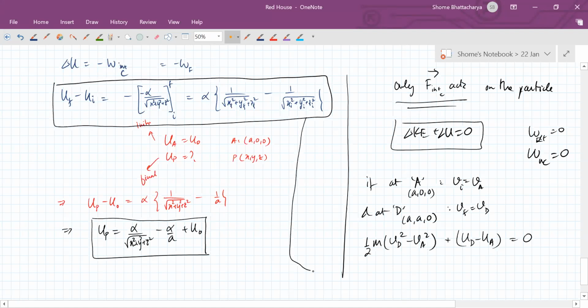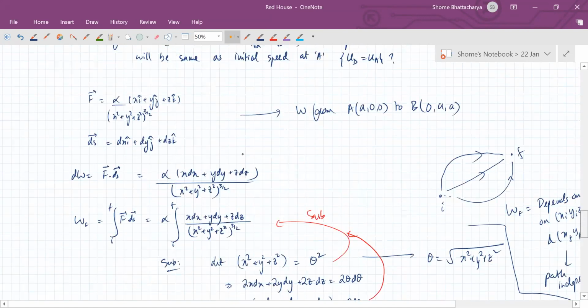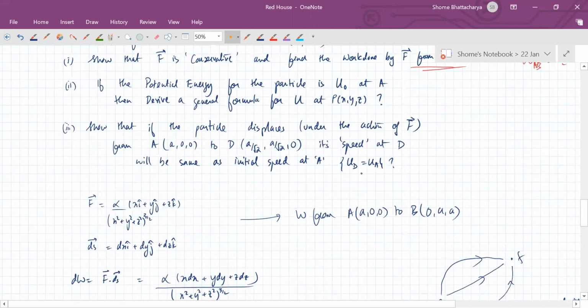We'll use the expression for delta U. So we'll substitute that here. So this will become half m. Sorry, this was A by root 2. Let's take you back to the question. Yeah, so see, the point D was this. So we have to show that these speeds are the same, whereas the point A was this.